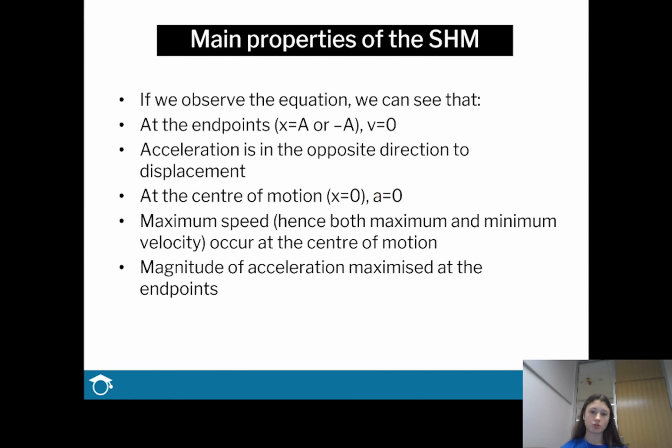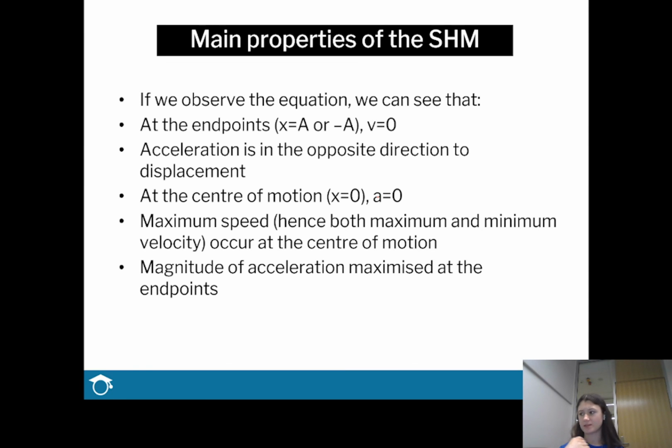So at the endpoints, at A or negative A, the velocity is zero. The reason for that is because the object has moved in one direction, and at the endpoint it stops moving in that direction and turns around and moves back in the opposite direction.